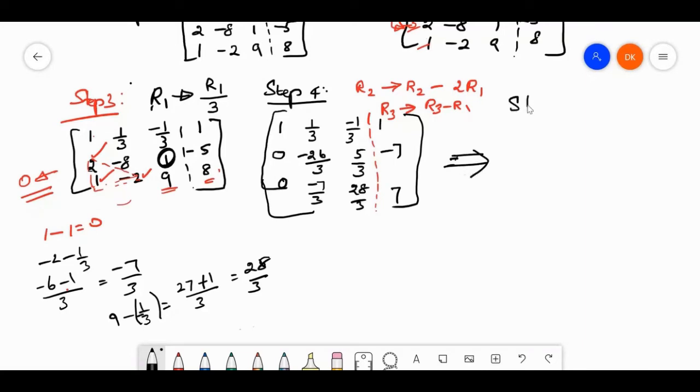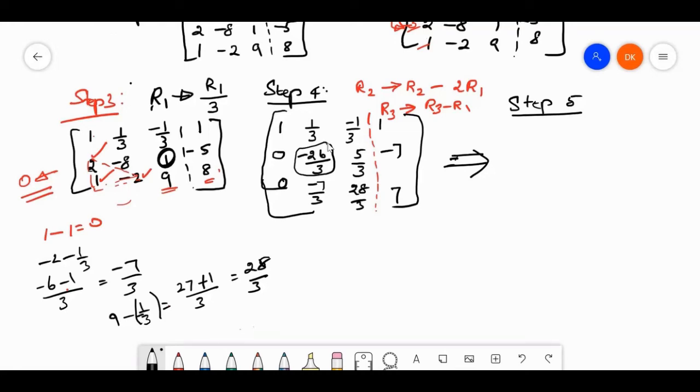So then step 5. Then step 5, what I am going to do is the new pivot point, I have to make this as a pivot point. Okay, so neglect the first row and the first column and perform similar to the steps from 2 to 5 on the resultant matrix.